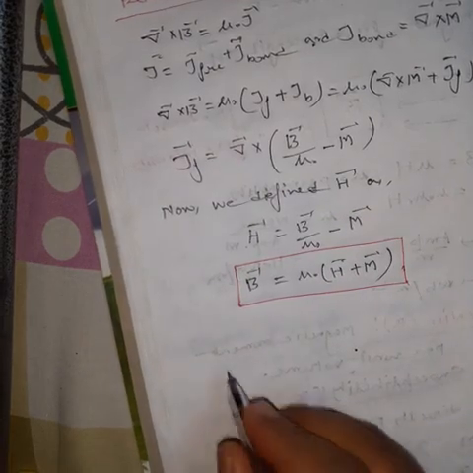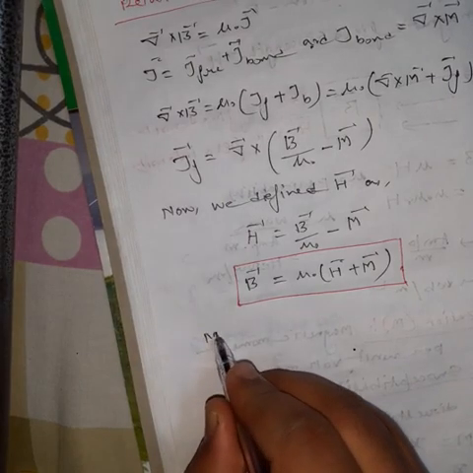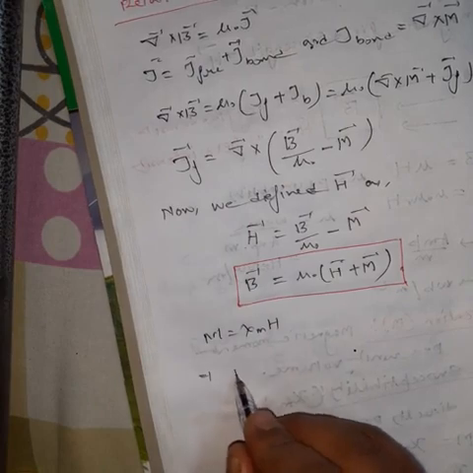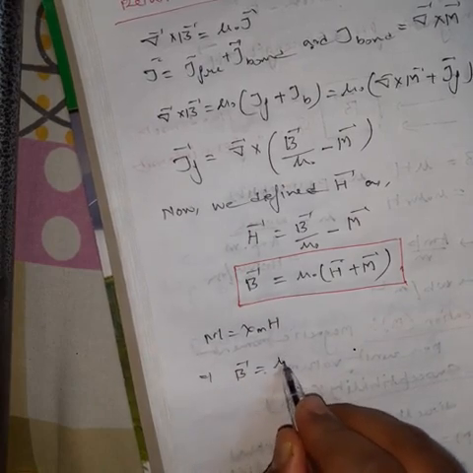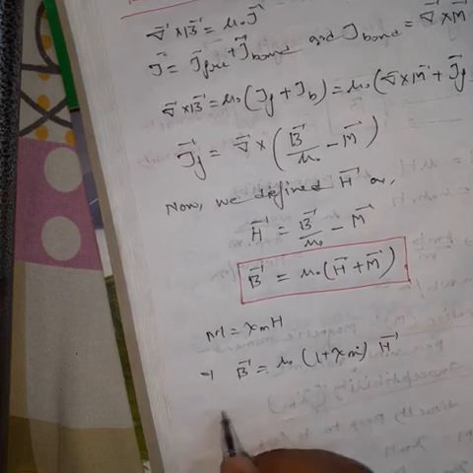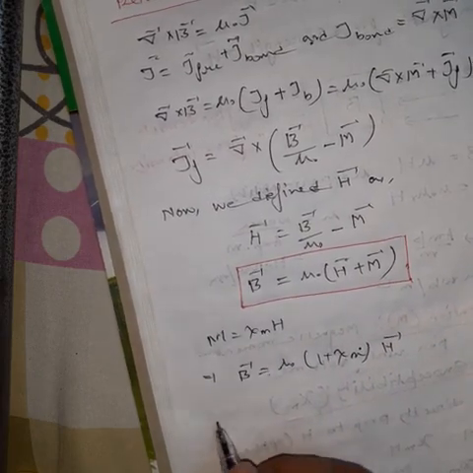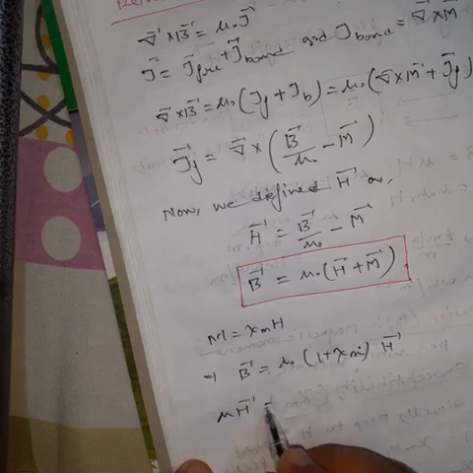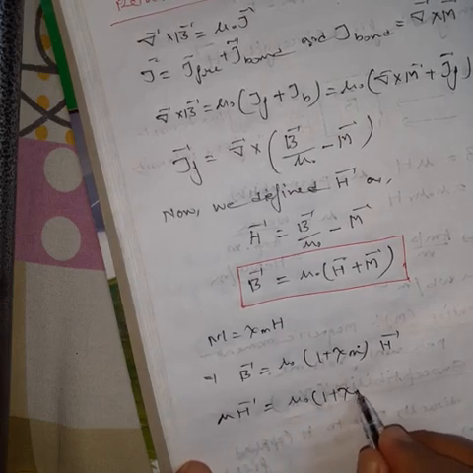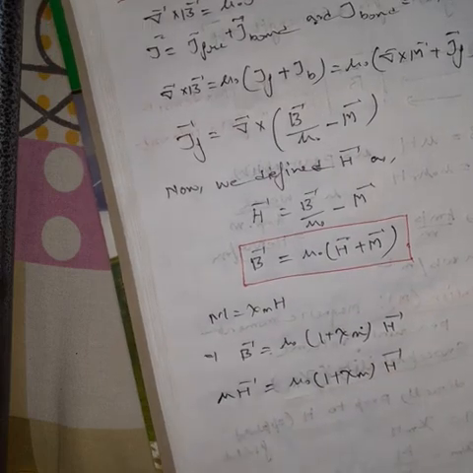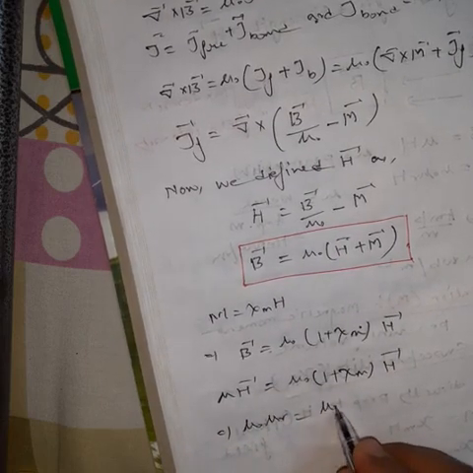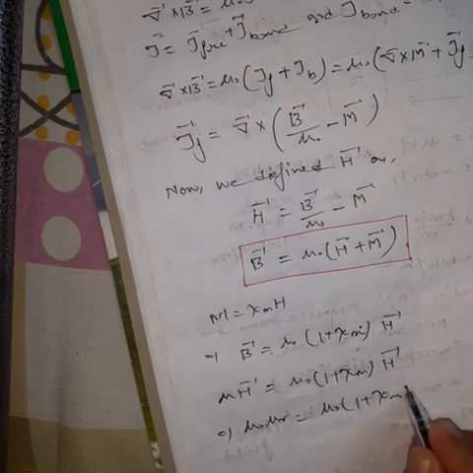So similarly we have M equal to chi M into H. So we can put B equal to mu 0 (1 plus chi M) into H. So we can write it as mu H is equal to mu 0 (1 plus chi M) into H. So mu 0 mu R equal to mu 0 (1 plus chi M).